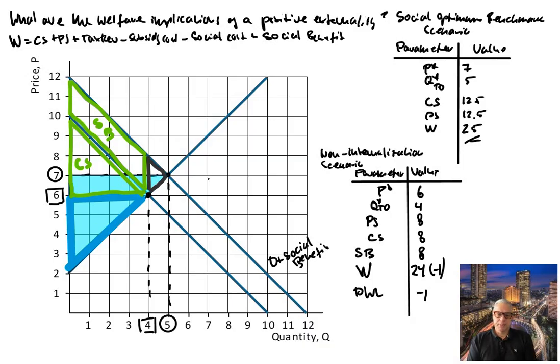So that's why the market clears at 4 instead of clearing at 5. And of course, the market equilibrium price is 6 instead of only 7. So we have this triangle here as a deadweight loss.